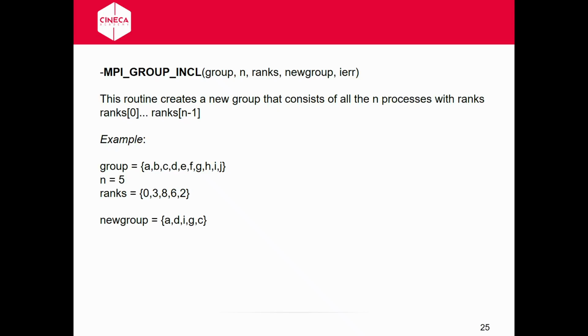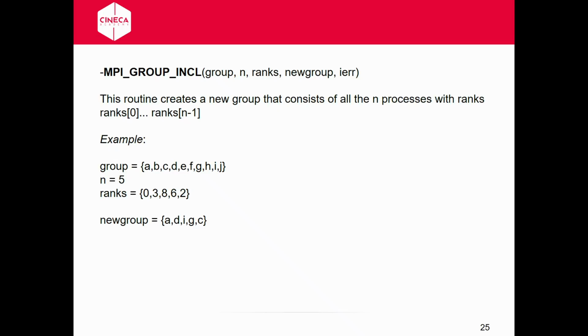Okay, you can also add some elements to a group. For example, using MPI_Group_incl, you can create a new group that consists of all the processes included in the group named group that have a rank that starts from 0 and arrives to n-1.